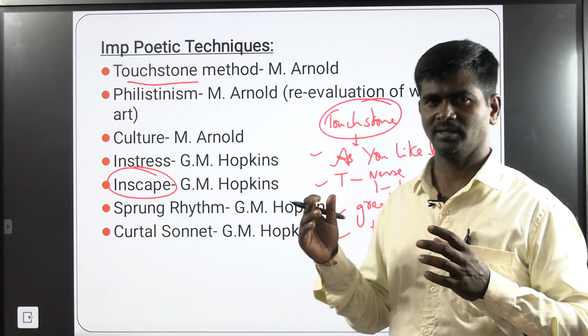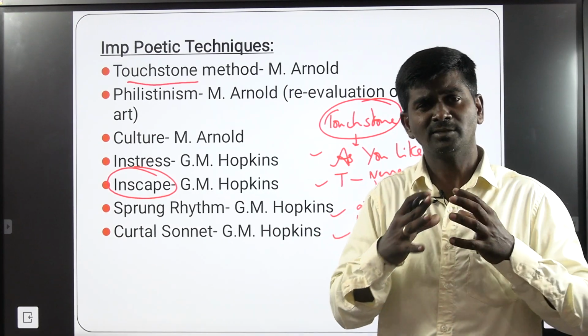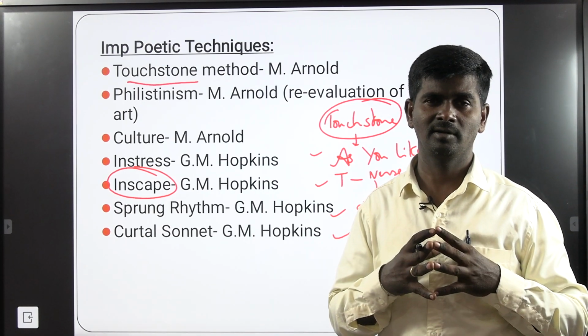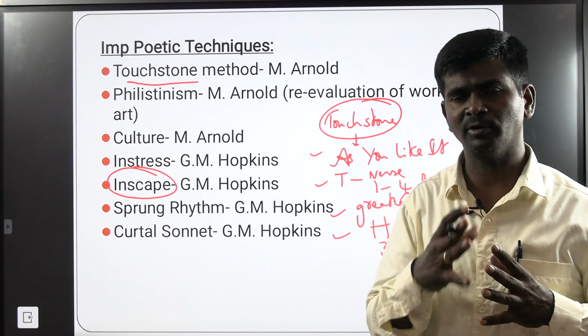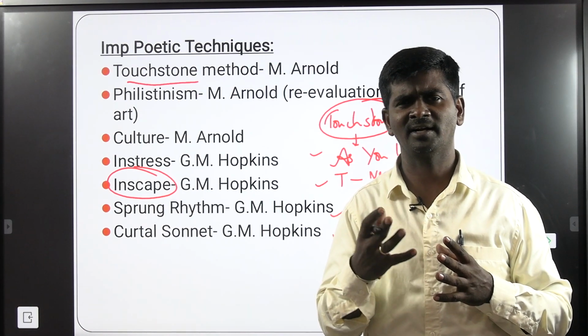Next, instress, one type of meter. Next, sprung rhythm. As part of meter, we have iambic, anapaestic, trochee, dactylic. These are different feet, like what you study in Telugu: Utpalamala, Champakamala, Shardulam, Mattebham, Ataveladi, Thetagiti.